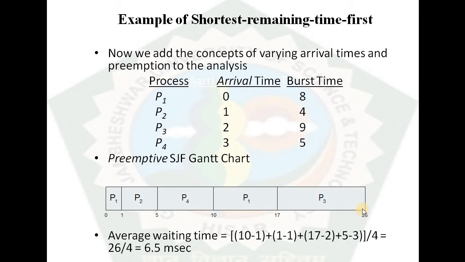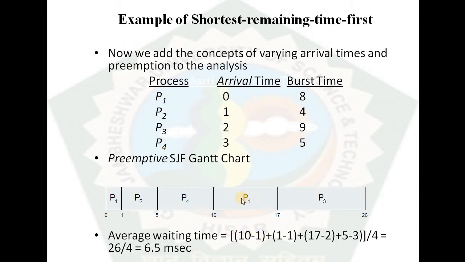Now we have to calculate the average waiting time, that is the sum of the individual waiting times of all the processes divided by the total number of processes, that is 4. Individual waiting time, please see carefully: for process P1 the waiting time is 10 minus 1.